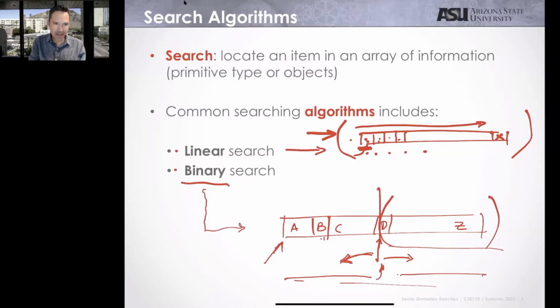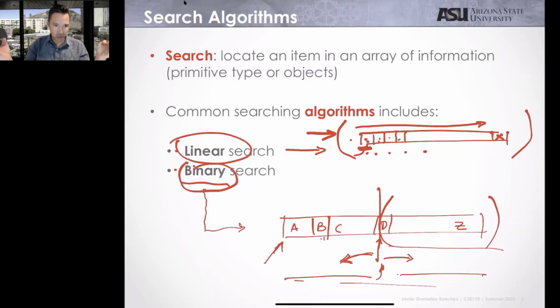Binary searching, linear searching. What we need to do today is to program both of them. Yes, linear searching works with any data. Binary searching, one thing that is mandatory: the only way that binary search works is if the data is in order.